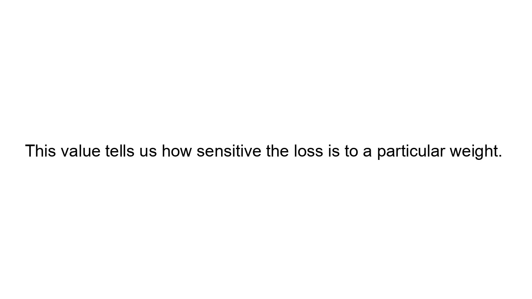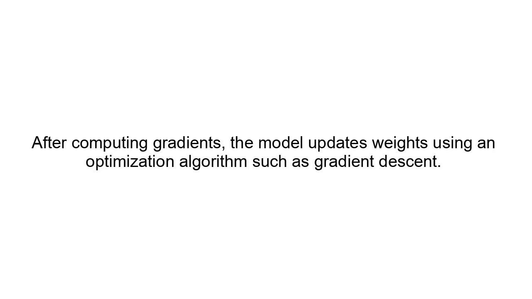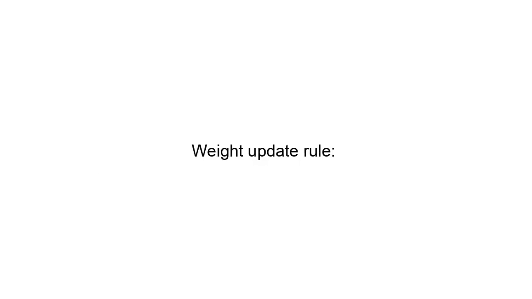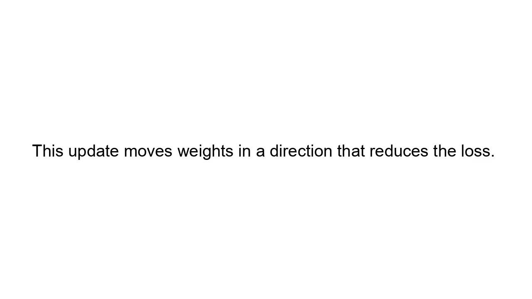Weight update rule: W_new equals W_old minus eta times partial L over partial W, where W_old equals the current weight, W_new equals the updated weight, eta equals the learning rate, and partial L over partial W equals the gradient of the loss. This update moves weights in a direction that reduces the loss.